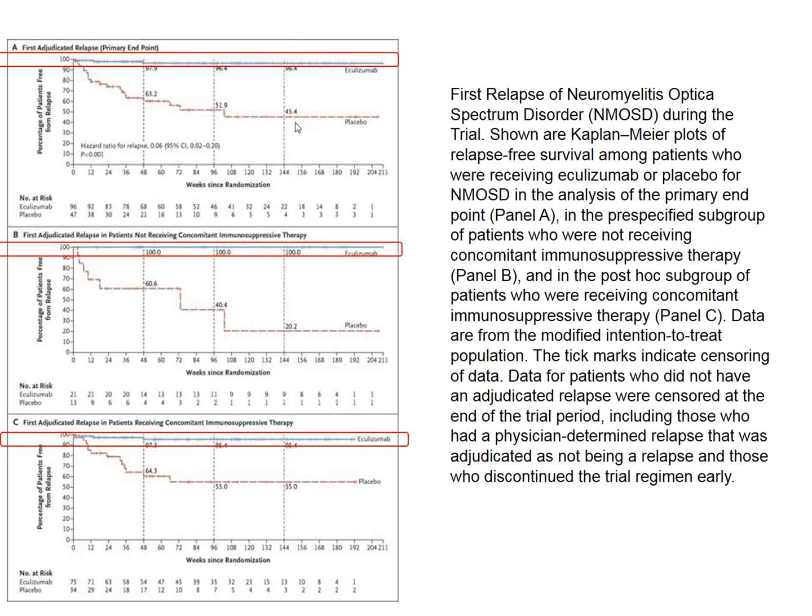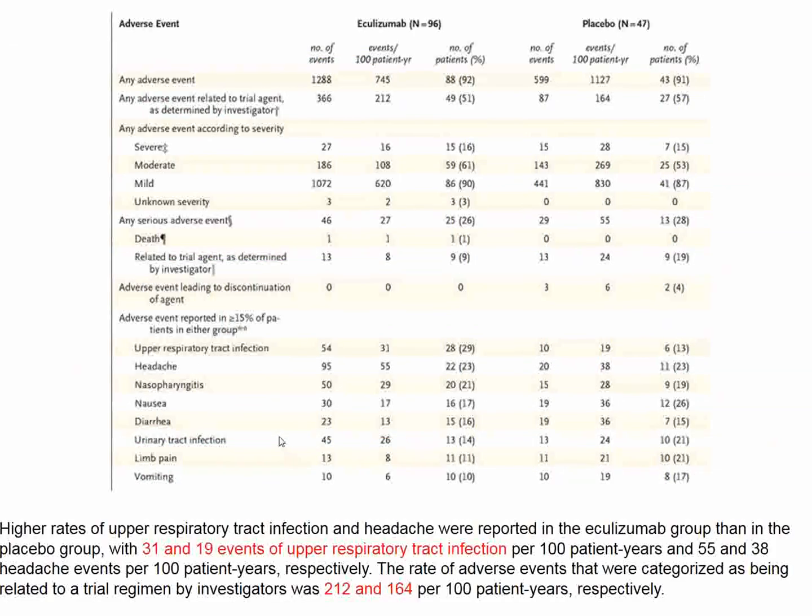And whether or not this is evaluated in terms of concomitant immunosuppressive therapy or no concomitant immunosuppressive therapy, the impressive results were the same. And if we look at the evaluation as performed by the patient's neurologist or the adjudicating committee, the results remain impressive.